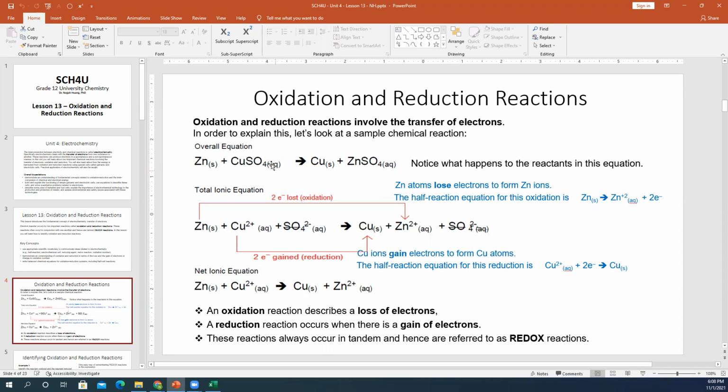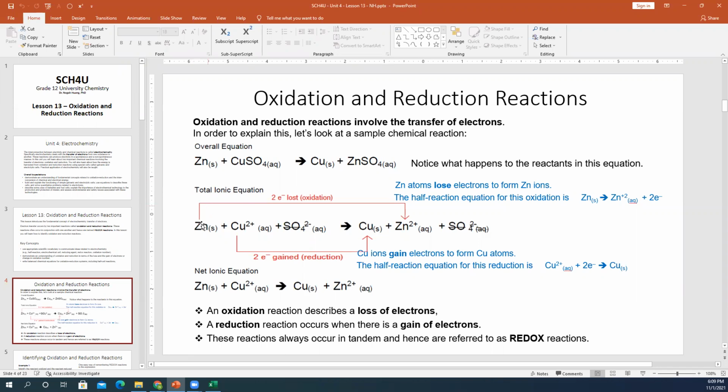When you see this aqueous symbol here, it indicates that this compound is dissolved in water so that it's ionized into its separate ions of copper and sulfate. So zinc plus copper sulfate in the aqueous form is going to copper in the solid state and zinc sulfate in the aqueous form.